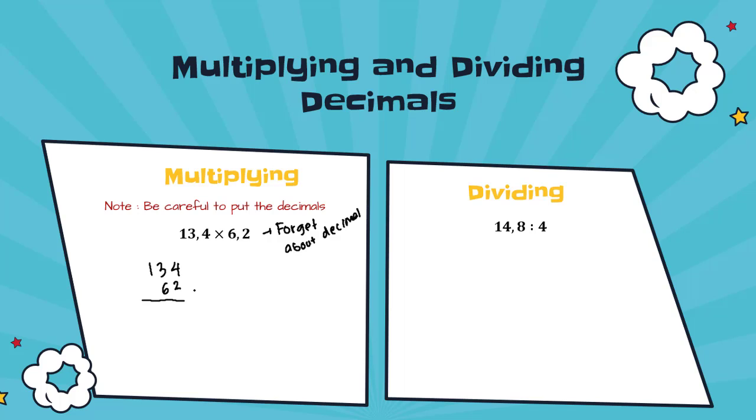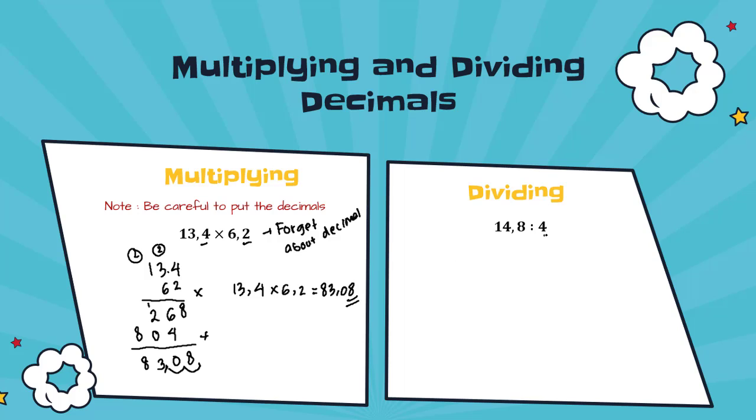So 134 times 62 is equal to 8,308, because there are two numbers after the comma. So we can put the comma after 3 and it's equal to 83.08.